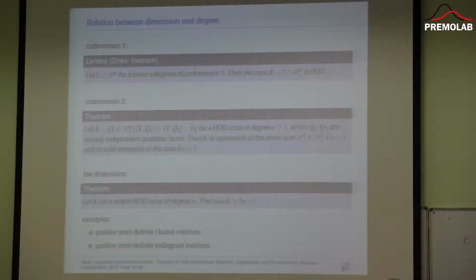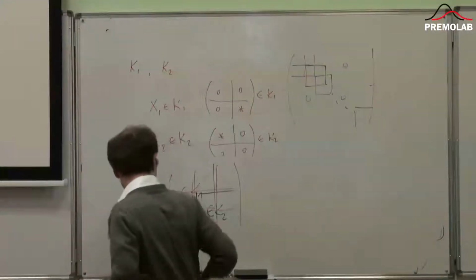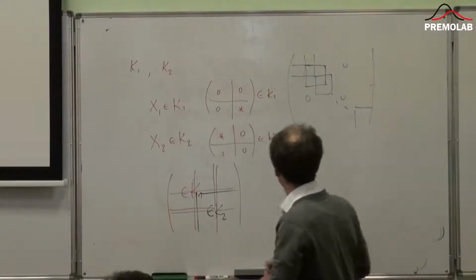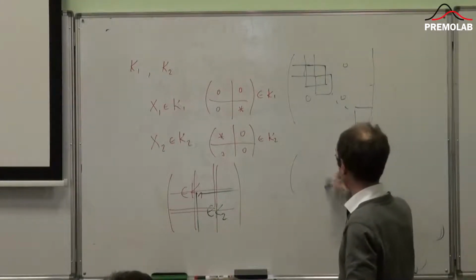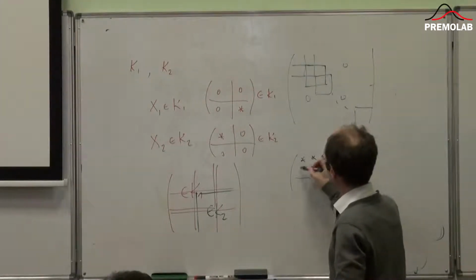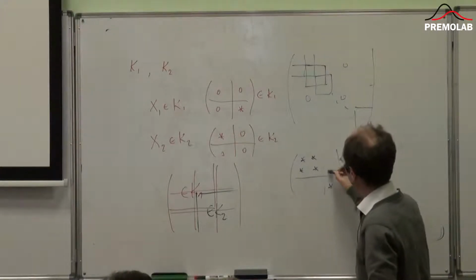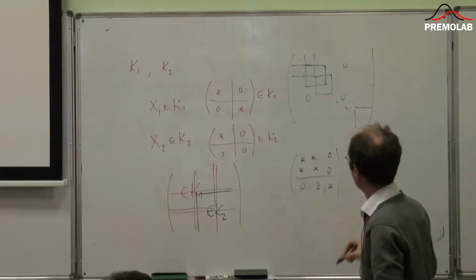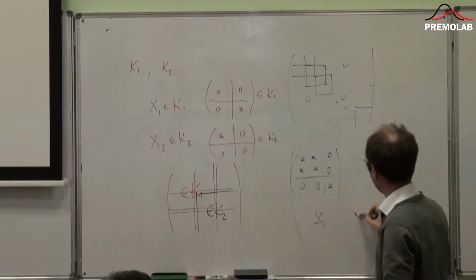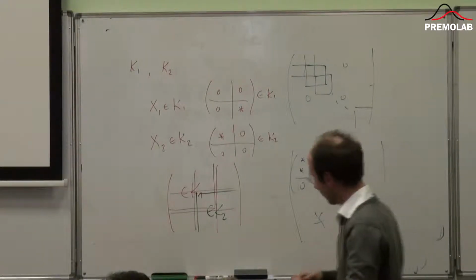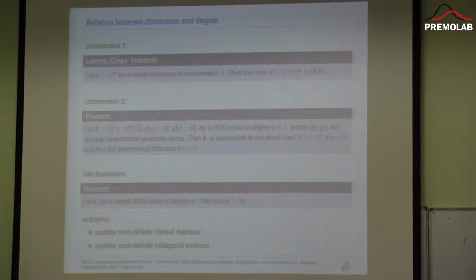And for codimension 2, there are very few such cones, so any such cone must be a full extension of a cone in dimension 3 times 3, which has these 5 elements filled, and here 0s. So any cone of codimension 2 has to look like this, essentially.